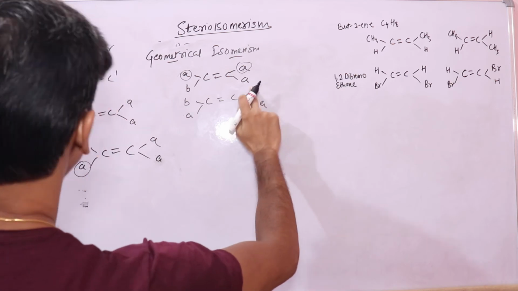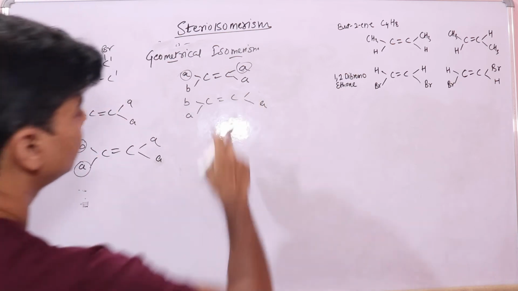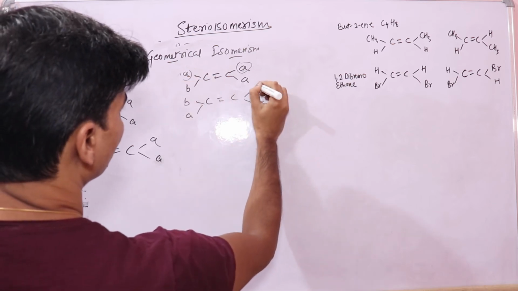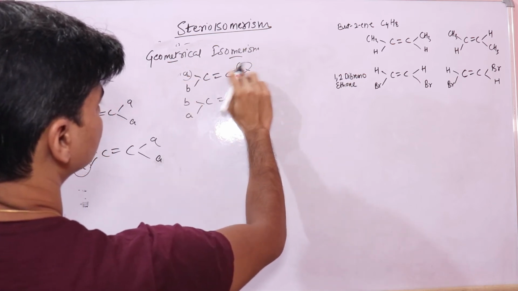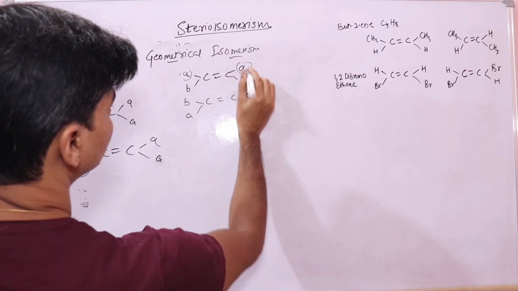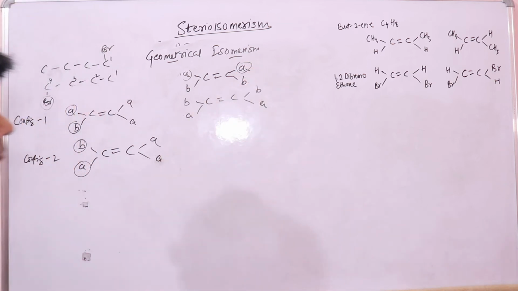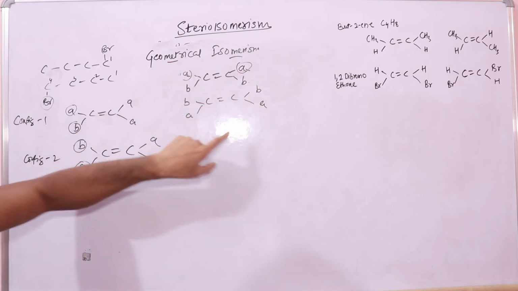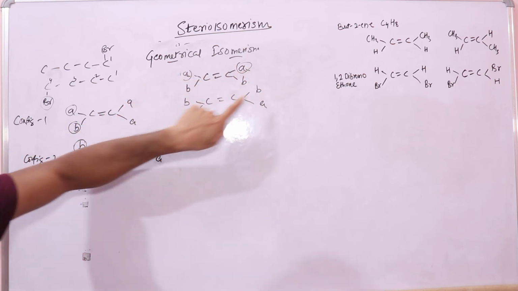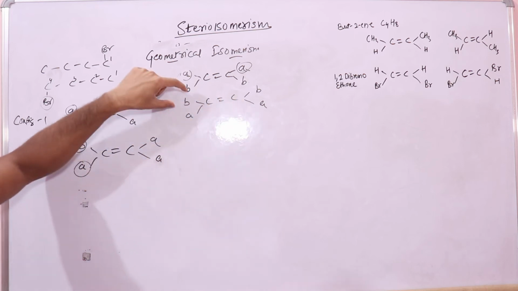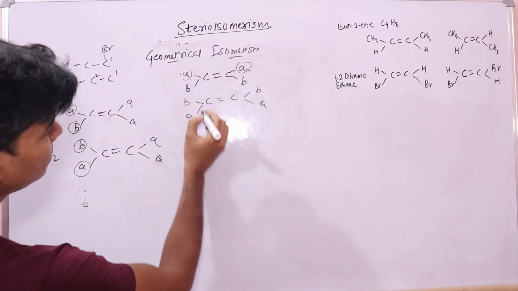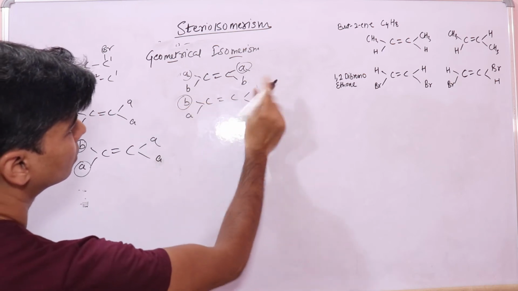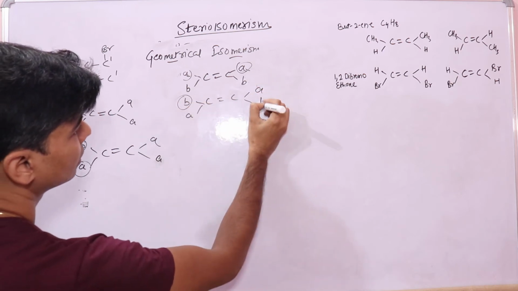Or you can take it like this. It should be like this, right? Here you have same atoms on the same side of the double bond. Here you have different atoms, right? Here you have same atoms. It's like this, sorry, right?